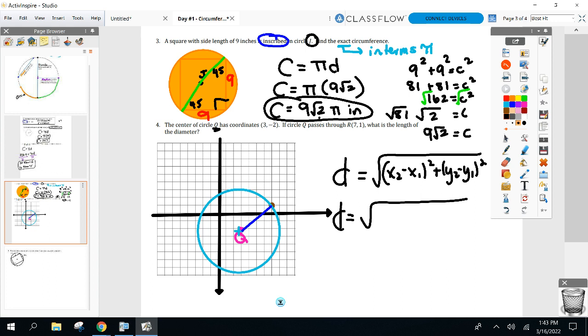All right, do your magic now. I'll ask somebody what you ended up for the distance of the radius.